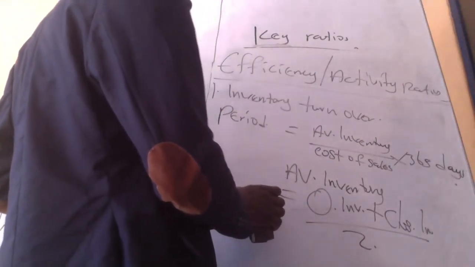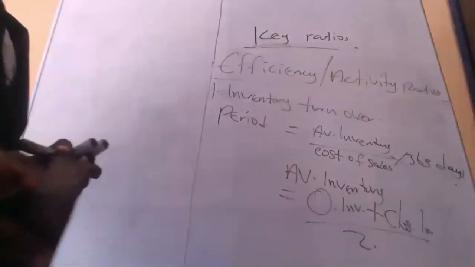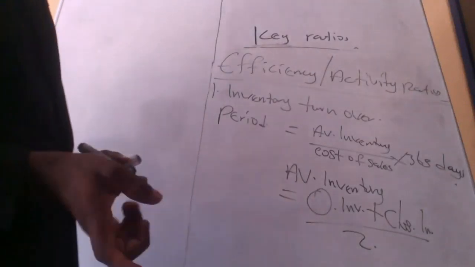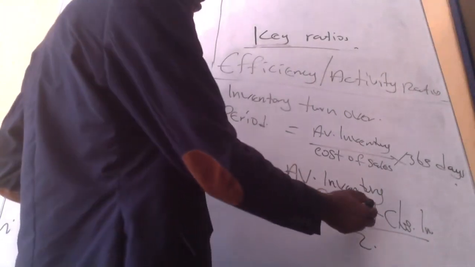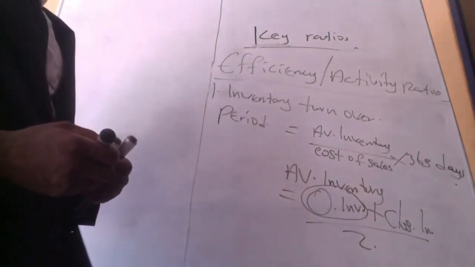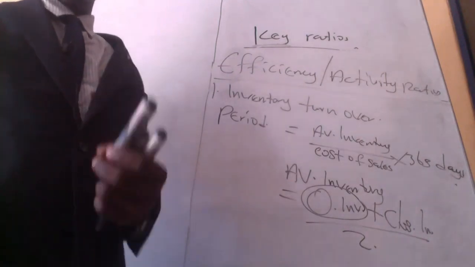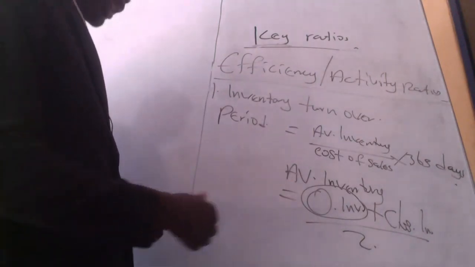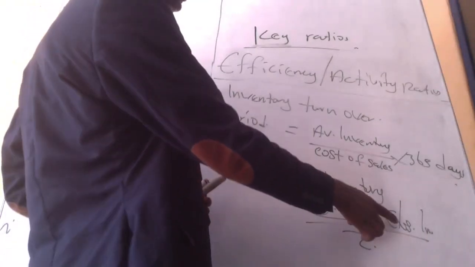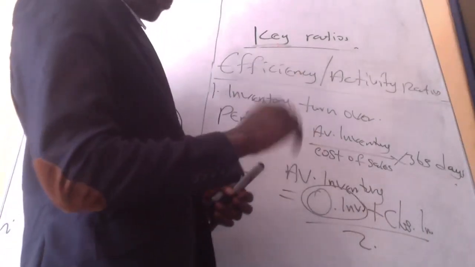Now, there's a caution here. In situations where you were not given the open inventory, please do not assume that it is 0, because if you assume that the open inventory is 0, then you are just dividing the closing inventory by 2. No, don't do that.